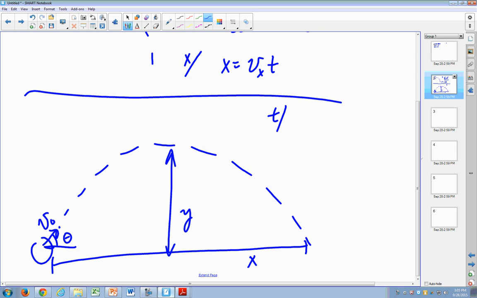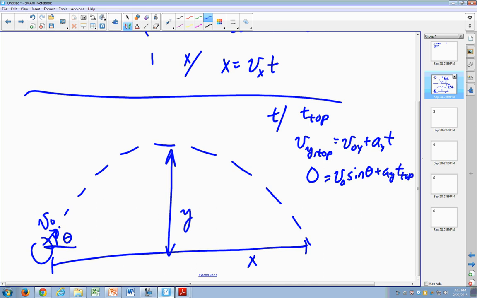To do the time, you're actually finding t top, right? That's half the total time, where you say vy at the top is equal to v naught y plus ay times t. That's 0 is equal to v naught sine theta plus ay t top.